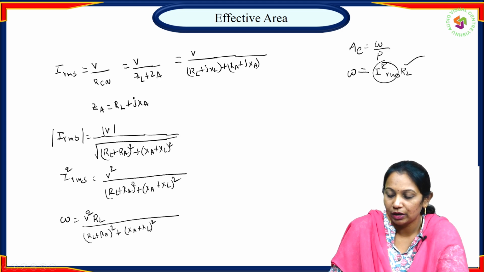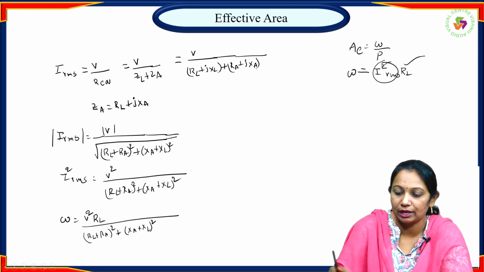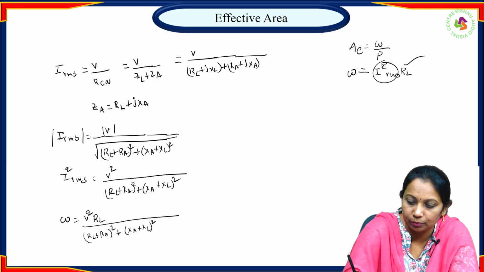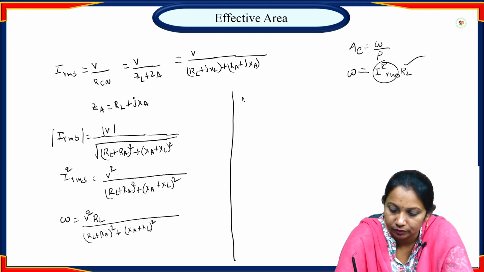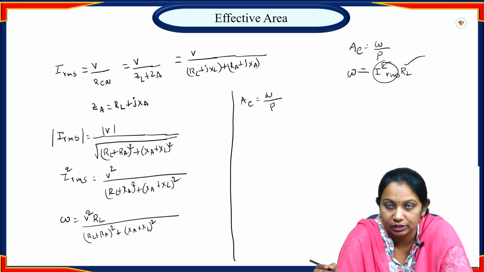Now we are going to calculate the effective area. AE is equal to the received power over the Poynting vector.